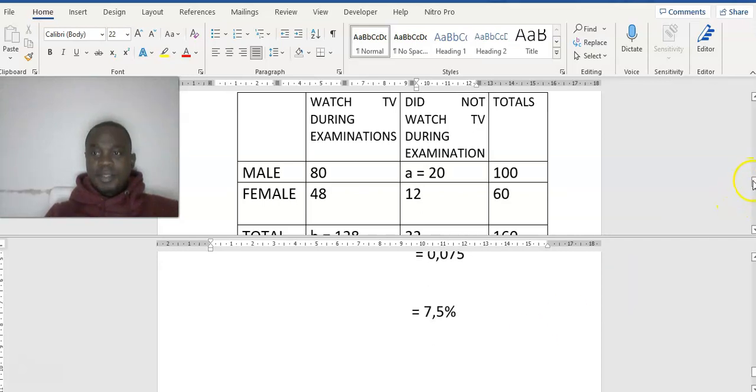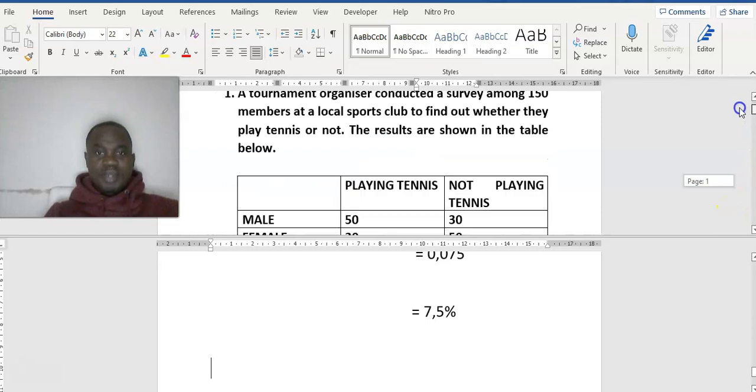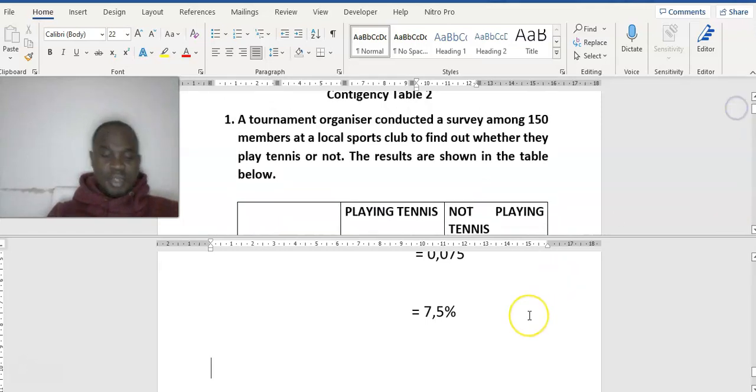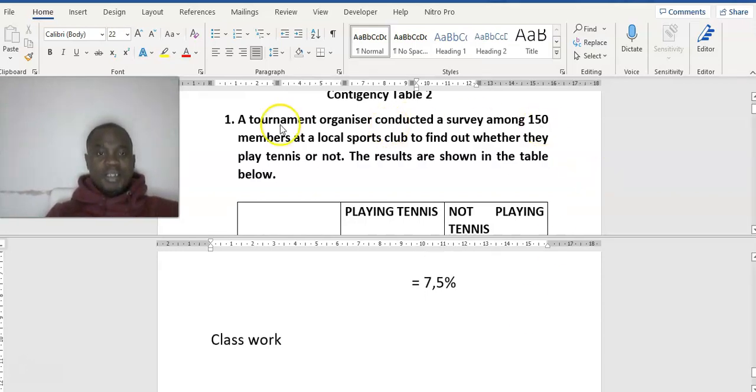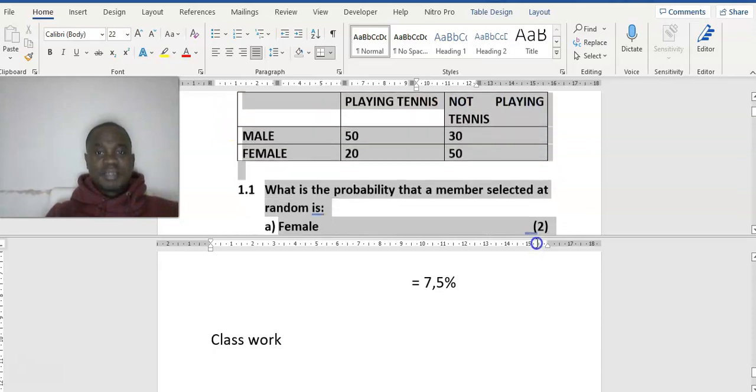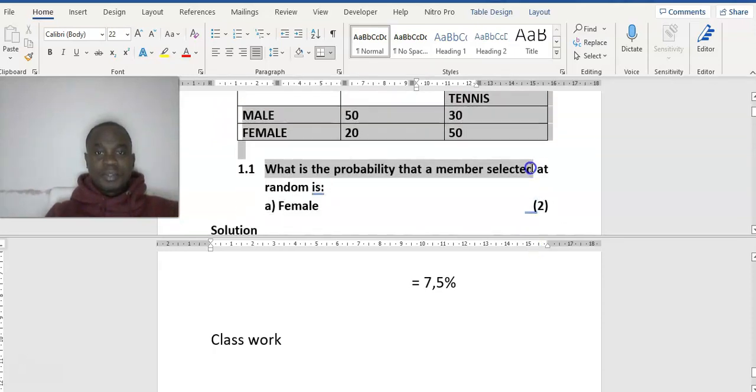Okay, this one, this is our contingency table. Similar work. The same information, just change of numbers. So you are going to do this for me.